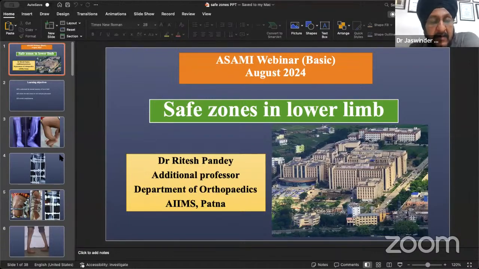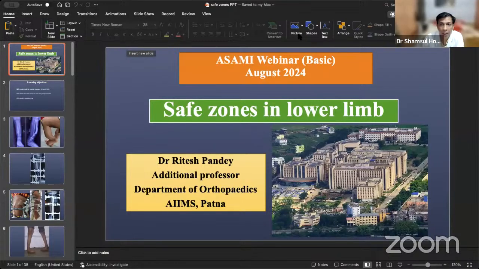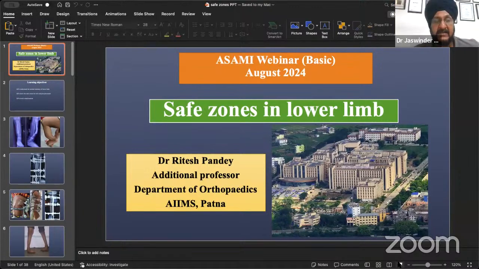Okay. So, Dr. Ritesh works as an additional professor at AIIMS Patna, and he'll be talking on safe zones in the lower limb. Can maximize, get full screen.